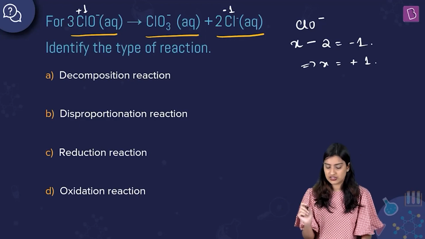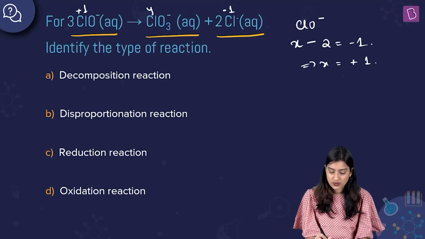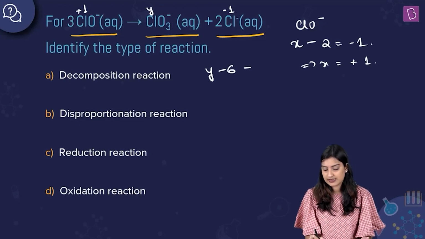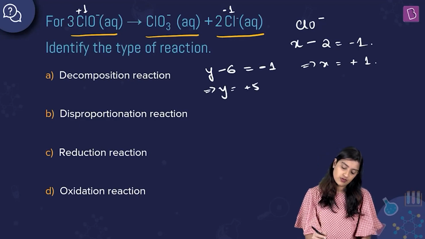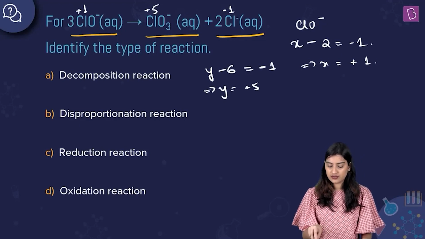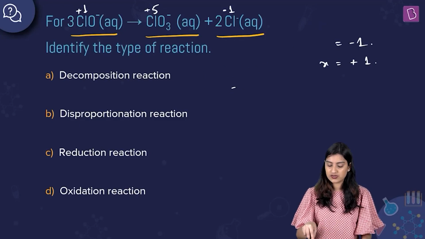Now let's come to ClO3⁻. You have Y minus 2 into 3, so -6, is equal to -1, which means Y is going to be +5. So here I'll write +5. All of this is sorted. You have all the oxidation states.